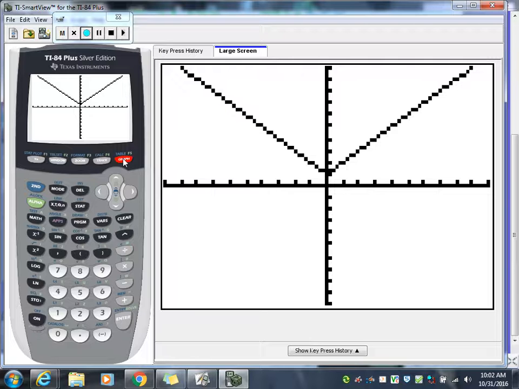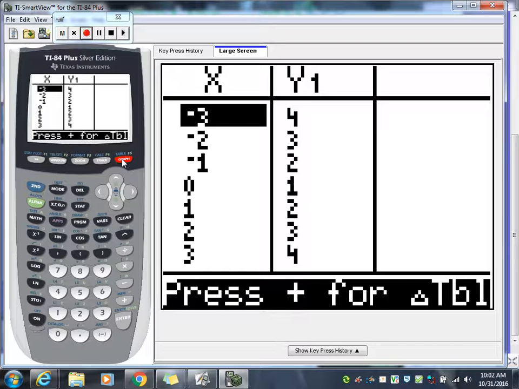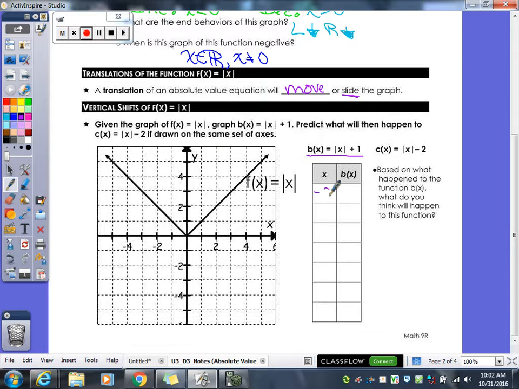So what did it do to our graph? It moved it up 1. But we still need our table. When we move it just up, is our table going to change really? No, it still goes -3 to +3. It's just this time it's 4, 3, 2, 1, 2, 3, 4.